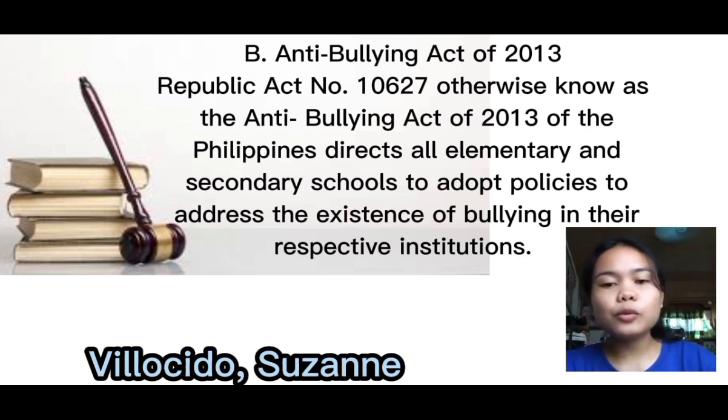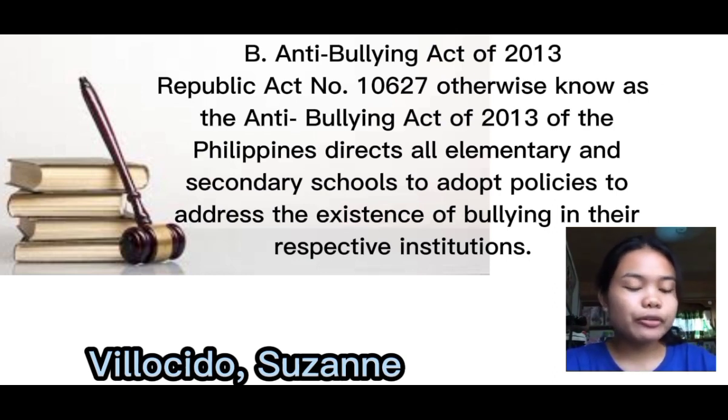So the second one is the Anti-Bullying Act of 2013, or Republic Act number 10627, otherwise known as the Anti-Bullying Act of 2013 of the Philippines, directs all elementary and secondary schools to adopt policies to address the existence of bullying in their respective institutions.